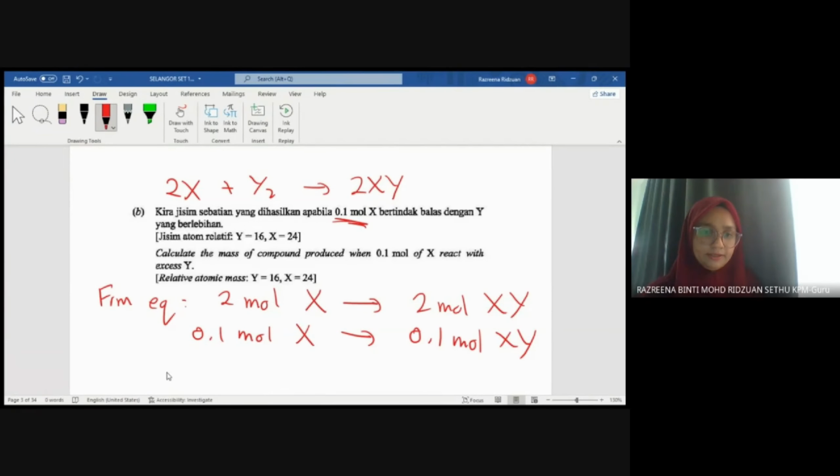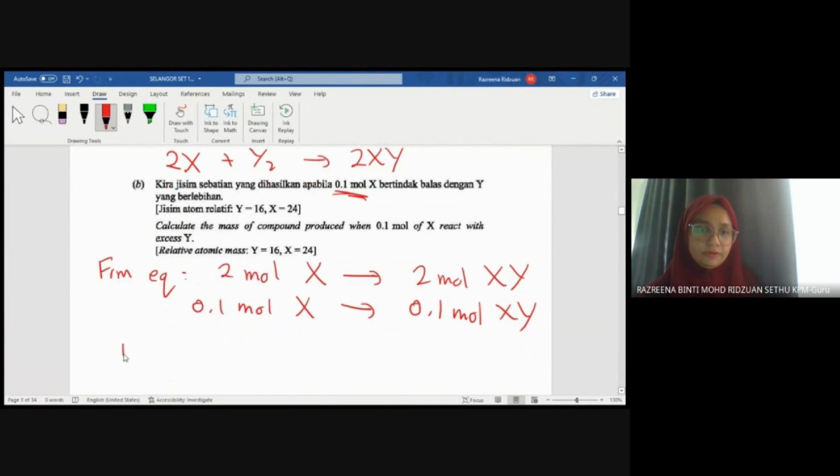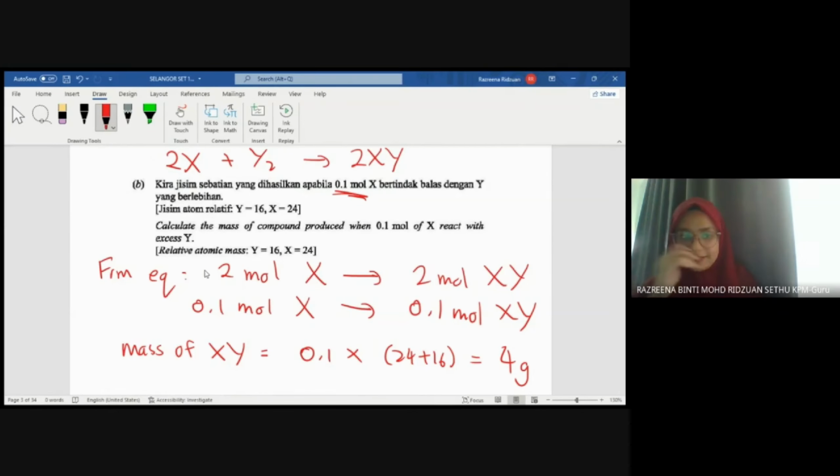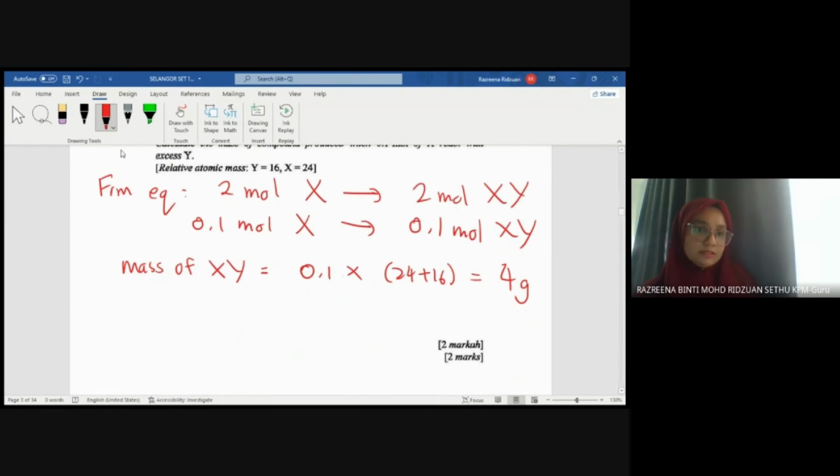Then you find the mass of XY, which should be 0.1 times the molar mass of XY, which is 24 plus 16. So your answer would be 4 gram. If you look at the question, it is 2 marks. So 1 mark here and 1 mark here, 2 marks.